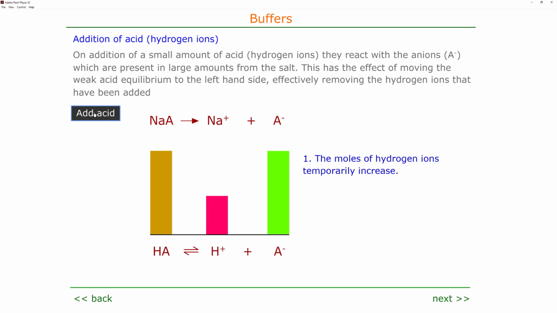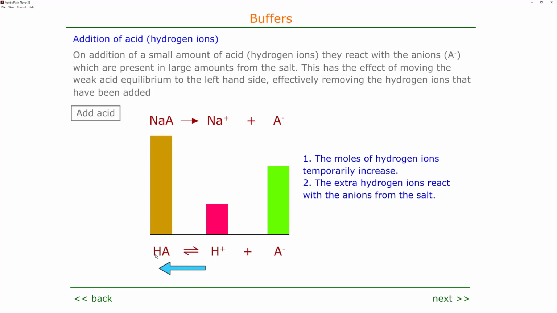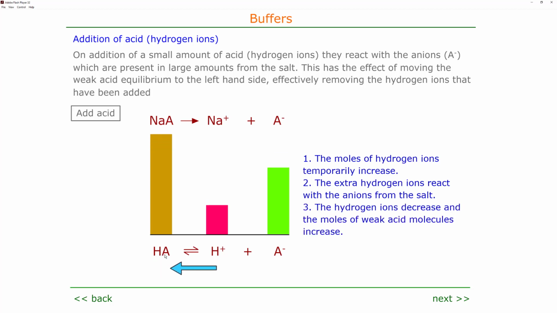And what this does is it disturbs the equilibrium at the bottom, the equilibrium between the ethanoic acid molecules and its hydrogen ions and ethanoate ions. And so the ethanoic acid equilibrium moves to the left-hand side to restore the value of the equilibrium constant. And it does this by the hydrogen ions interacting with the large reservoir of the conjugate base ions.